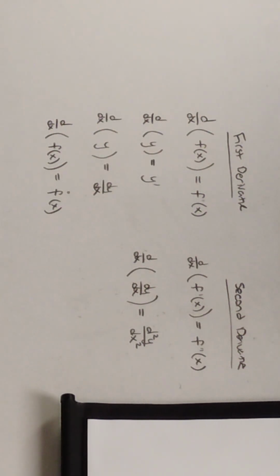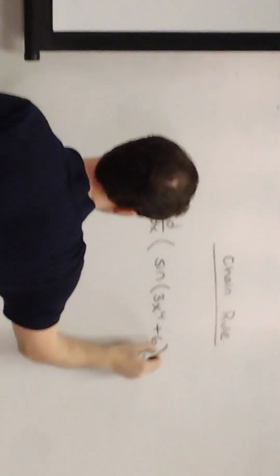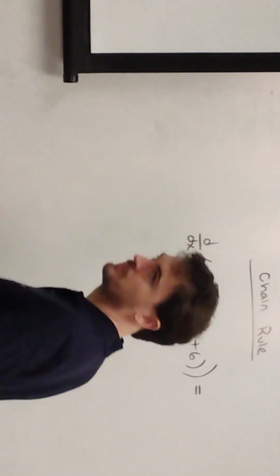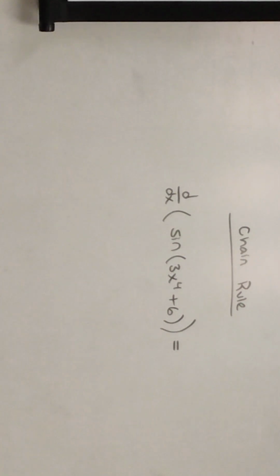And then the last thing I want to review from Calc 1, one of our derivative rules that's going to come up, is the chain rule. Good old chain rule. Just to remind ourselves, chain rule says take the derivative of the outside function, keep the inside function the same, then multiply by the derivative of the inside.